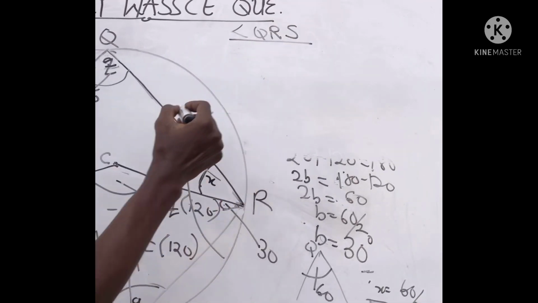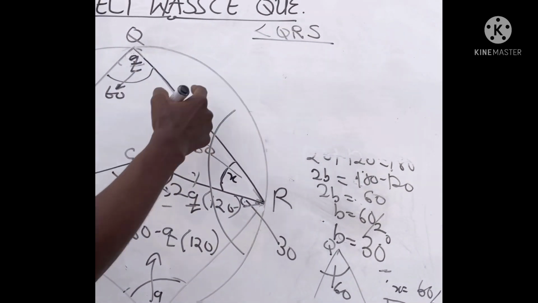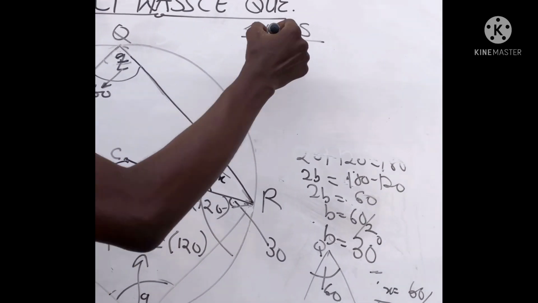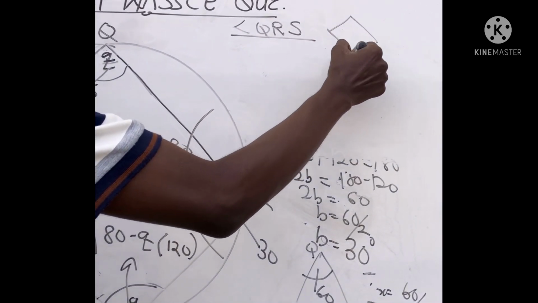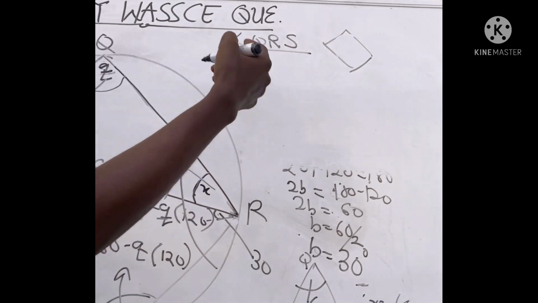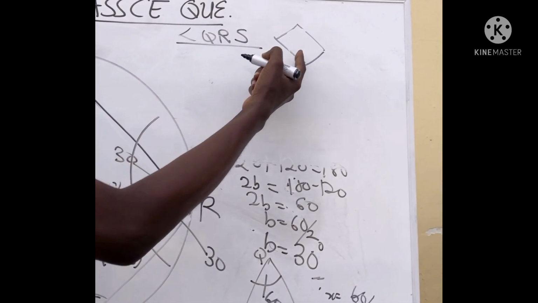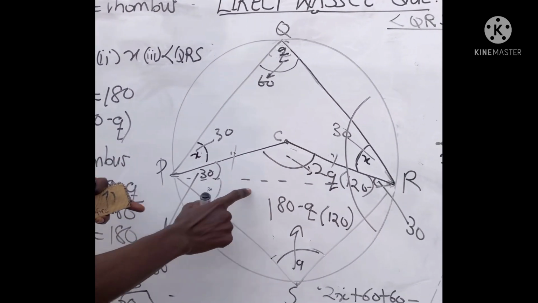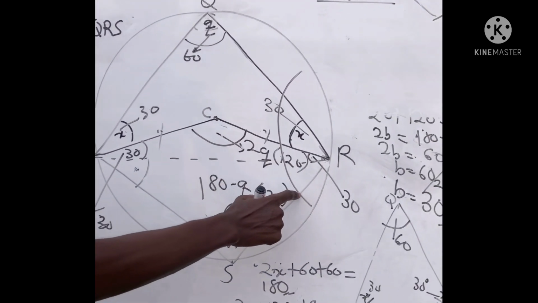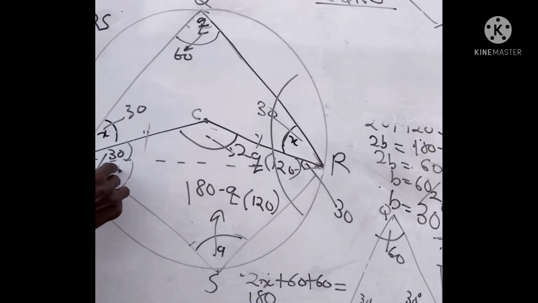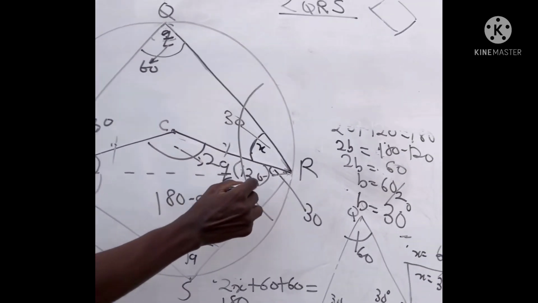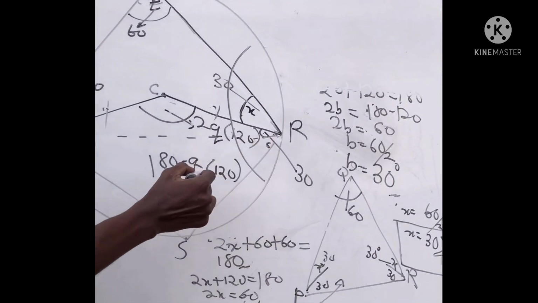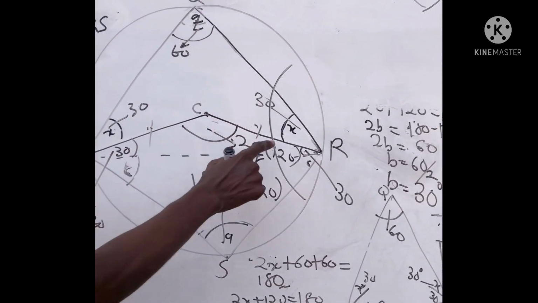So we know that in a rhombus, the sum of all the angles is equal to 360. Here, the angle here and the angle here are always equal. So you can say here is C. Here is also C. So let's sum up all the angles in the rhombus.